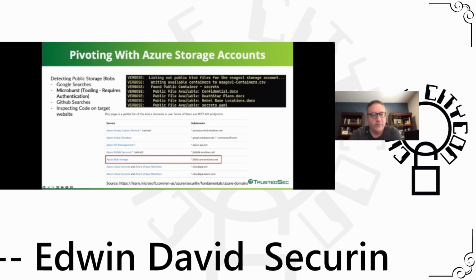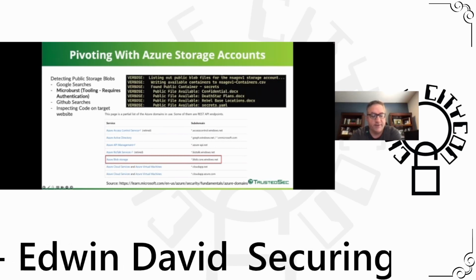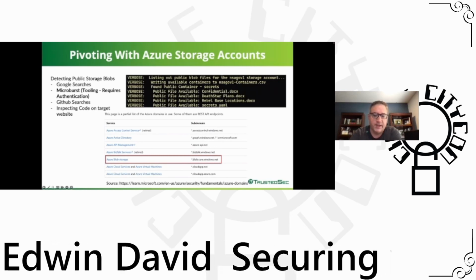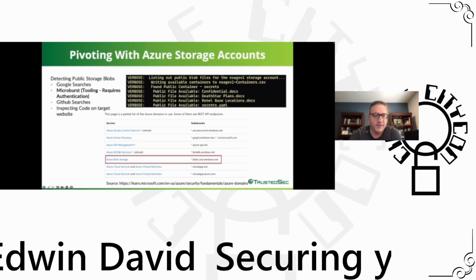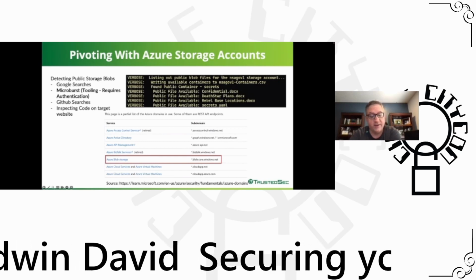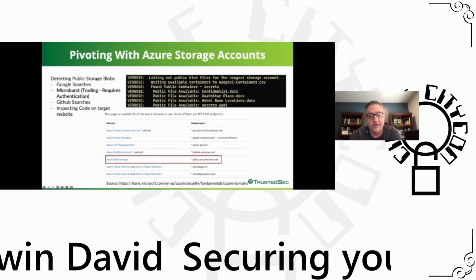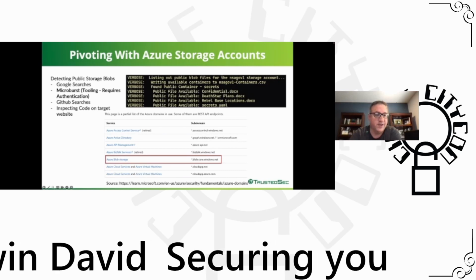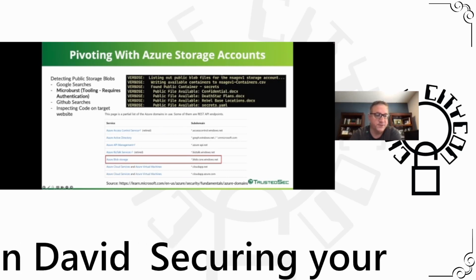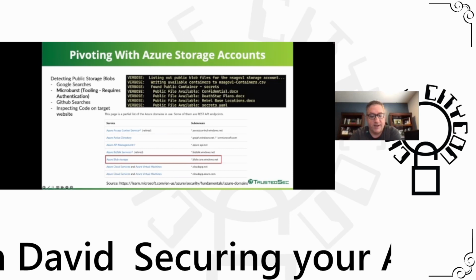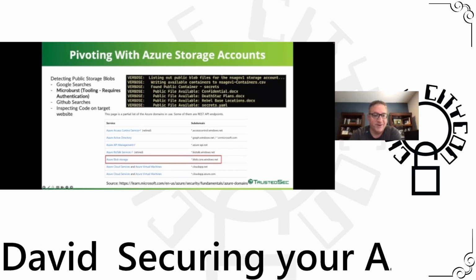One of the tools that I like to use is called MicroBurst. That's more for authenticated reconnaissance. You can do unauthenticated reconnaissance around storage accounts with Google searches, GitHub searches, even inspecting code on target websites.